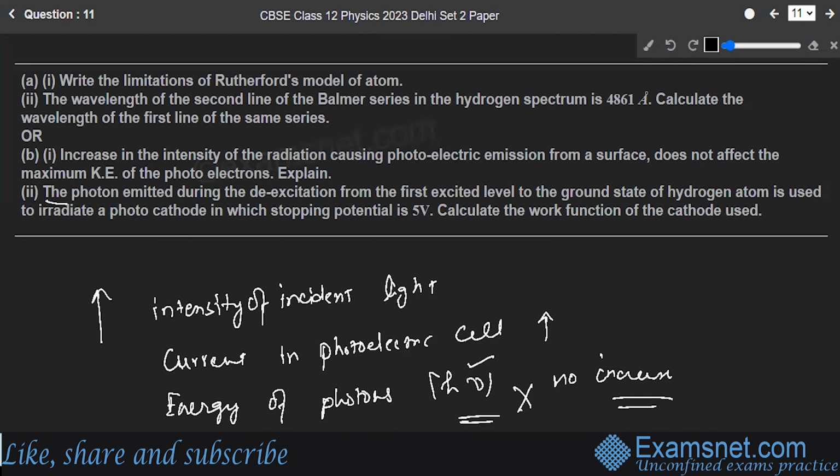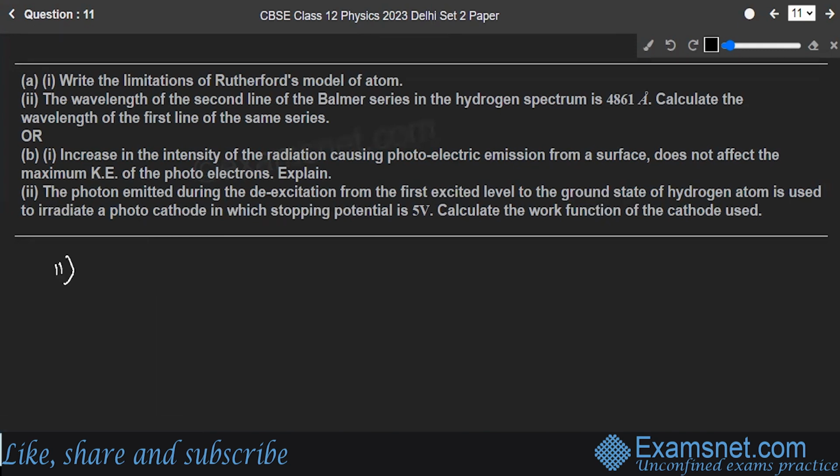Now the second part: the photon emitted during de-excitation from the first excited level to the ground state of the hydrogen atom is used to irradiate a photocathode in which the stopping potential is 5 volt. Calculate the work function of the cathode used. See, in the photoelectric effect, stopping potential is directly proportional to the maximum kinetic energy of the emitted electron.